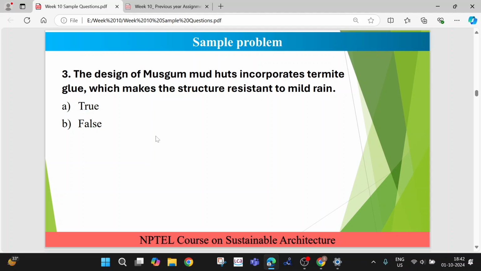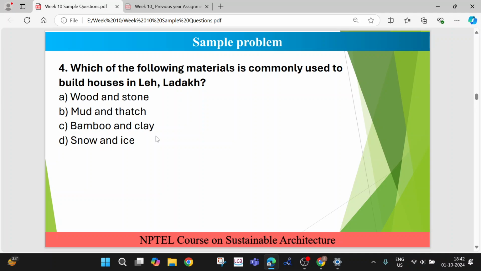Can we move to the next question, question number 4? Yes, sir. Okay, so here's the fourth question for you. Which kind of material will you choose for building houses in Leh Ladakh out of the four options, where an extreme cold climate condition is prevailing?